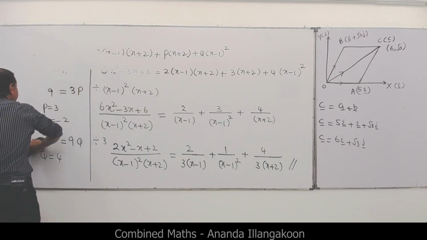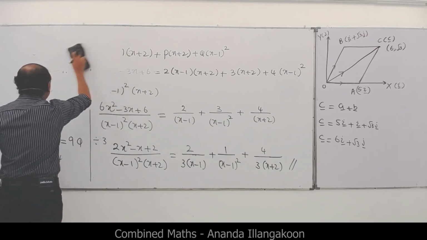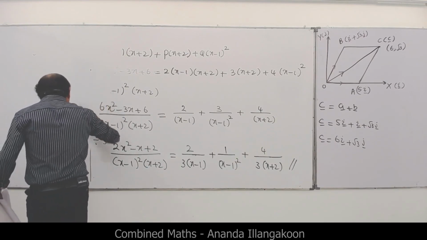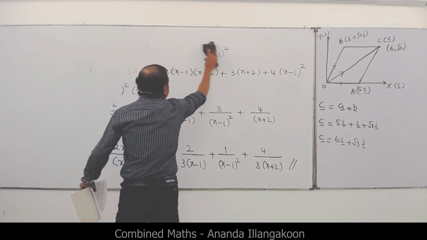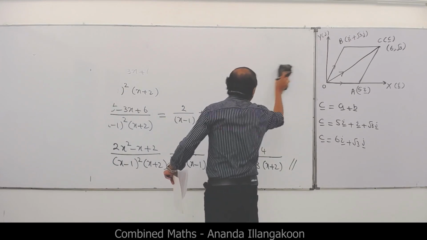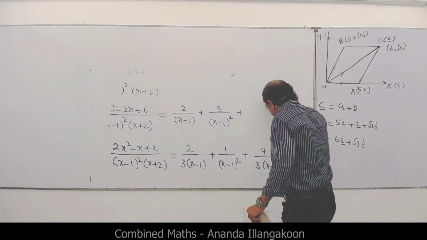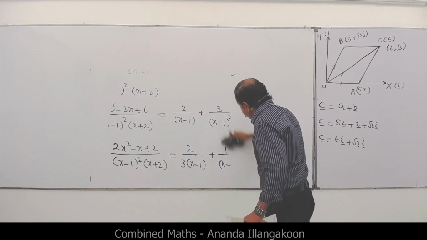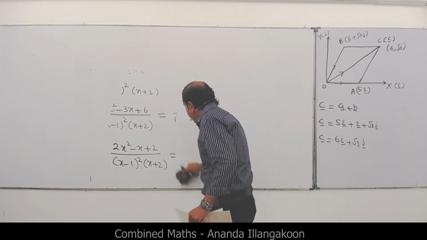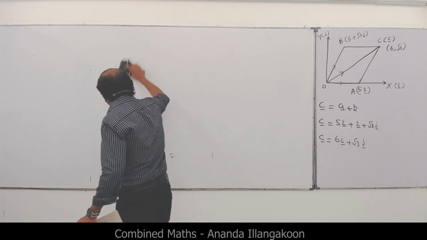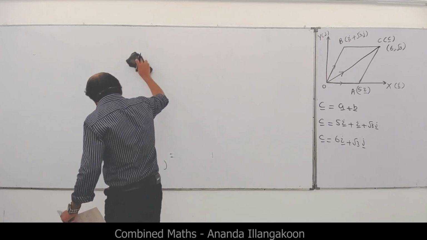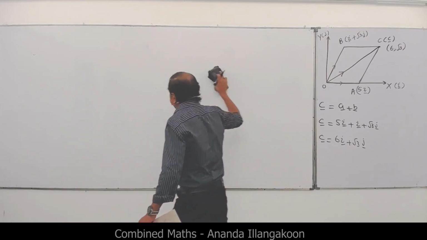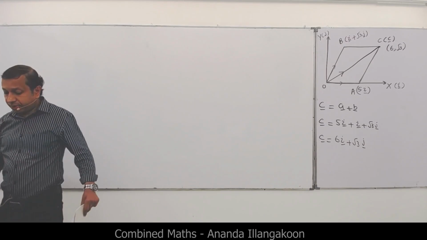Modulus of vector C means, people, that OC length. You know how to find the modulus of a vector which involves i and j. Take the i coefficient squared plus the j coefficient squared.